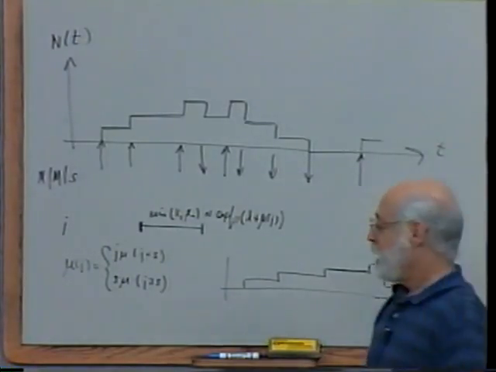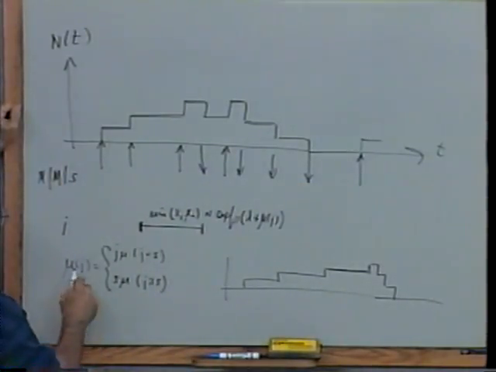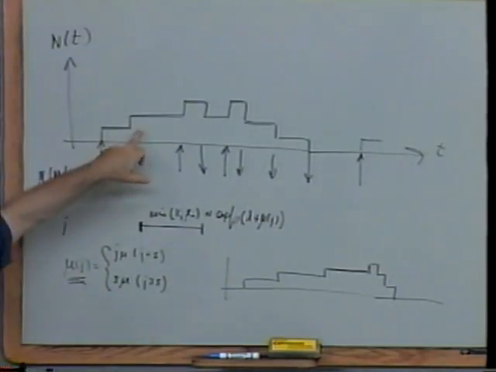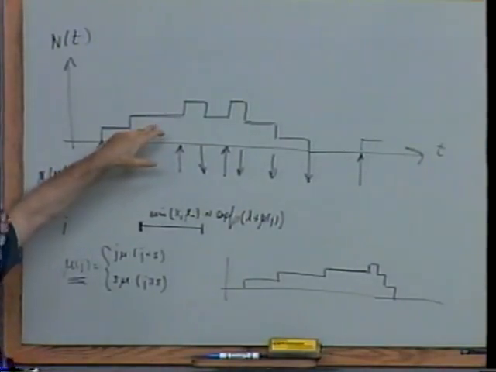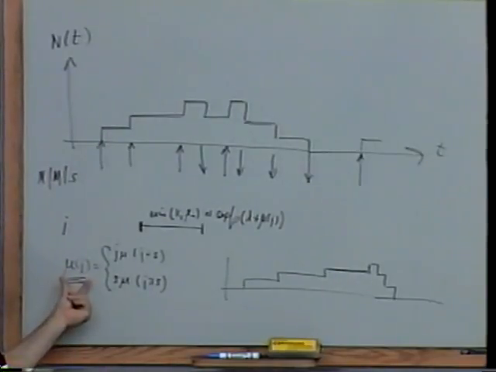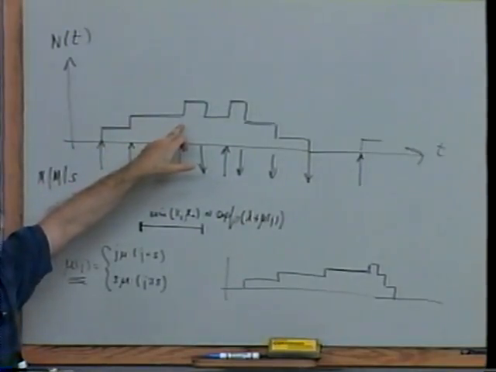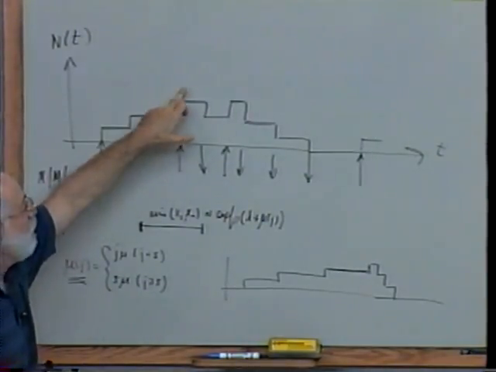Now, it's interesting, it's also true in Burke's proof, that it doesn't matter what the form of this thing is. In our case, that's what the mu's are. But actually, all that matters is that the total time spent here is exponential, and it doesn't make any difference what this mu j is, as long as it's an exponential, and the length of the exponential has no bearing on whether, when the interval ended, it decided to jump up or jump down.